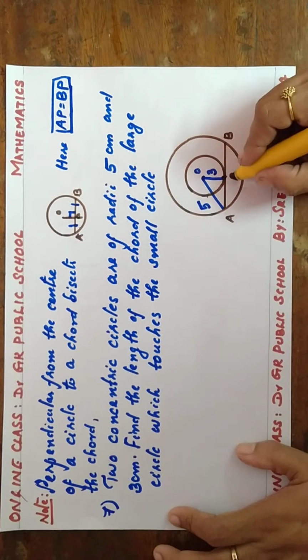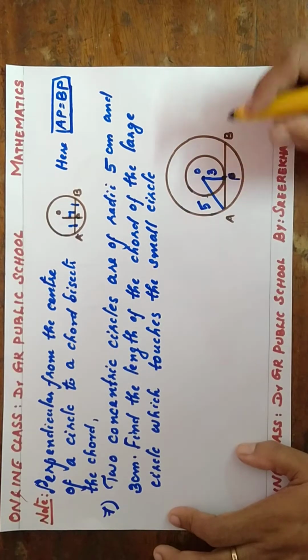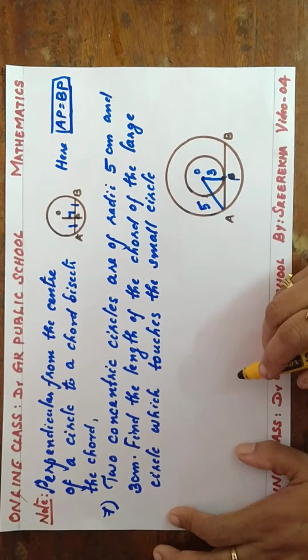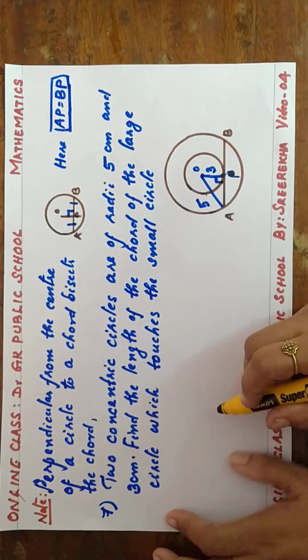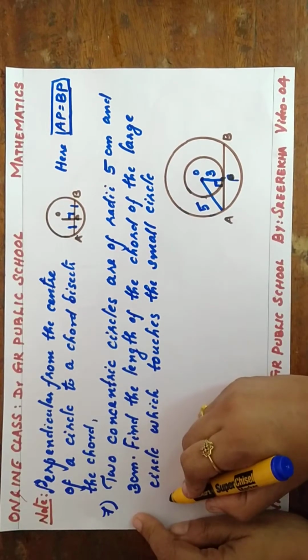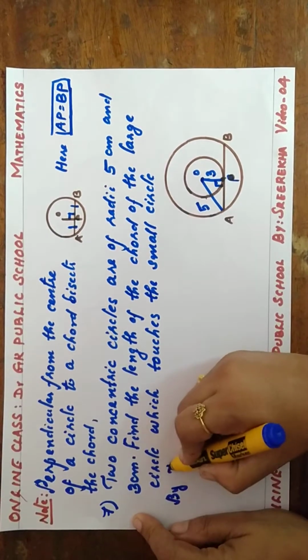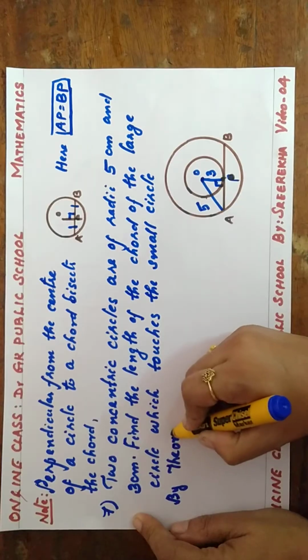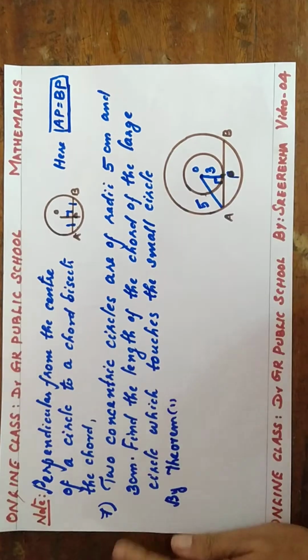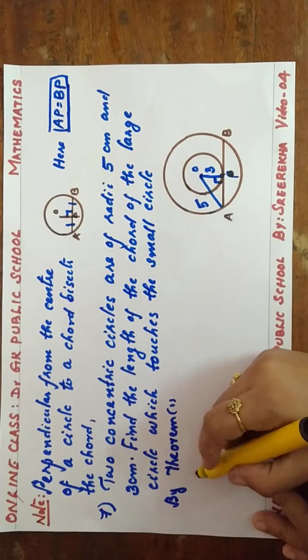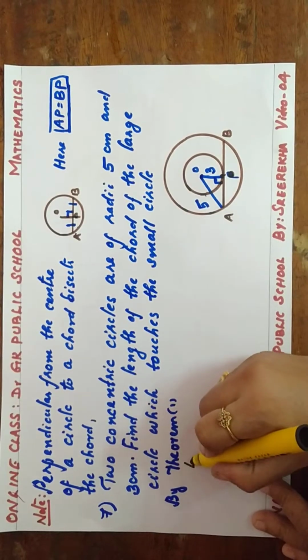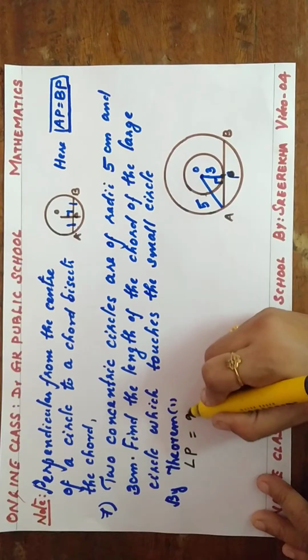Now, from the center up to this point, that is OP, is a radius that is known to us. This is known to be a perpendicular. Why? By theorem 1. We know that the tangent is perpendicular to the radius. So angle P equals 90 degrees.